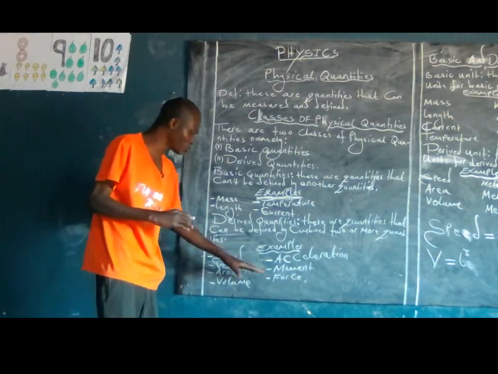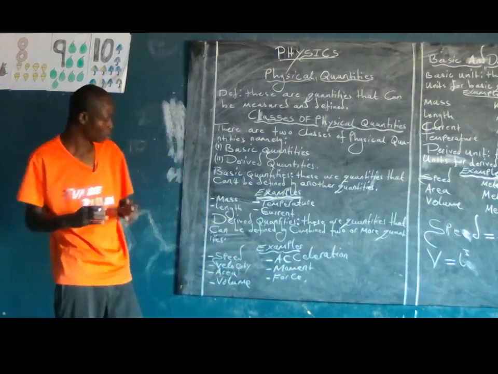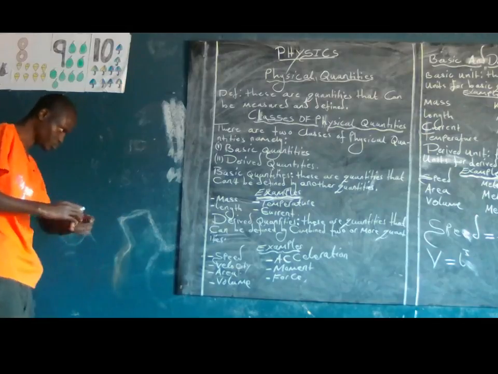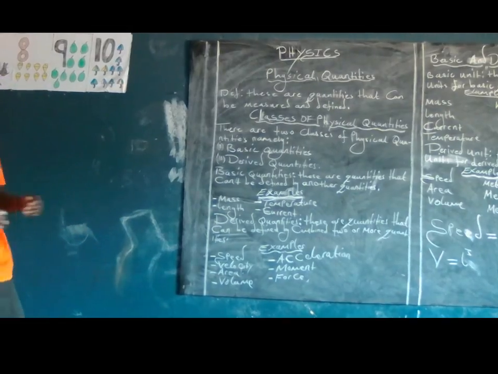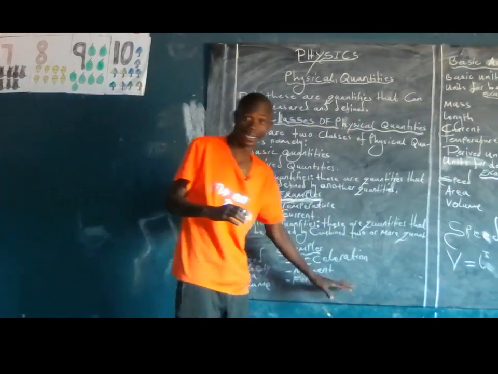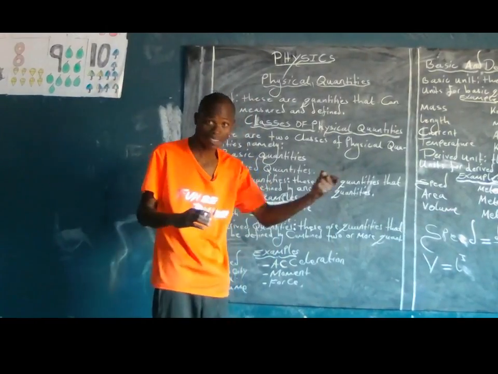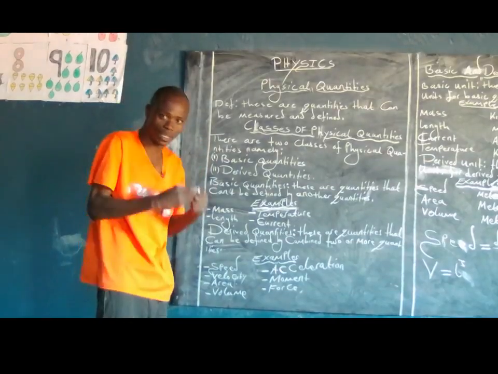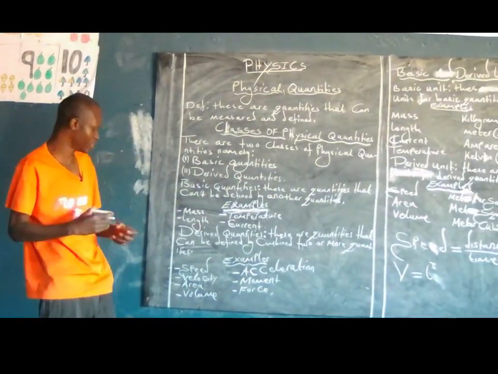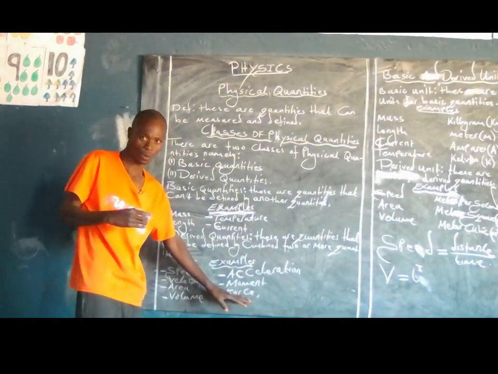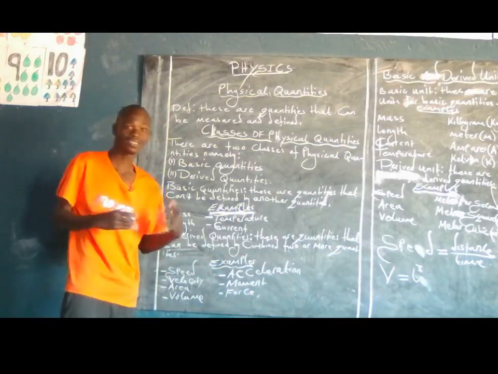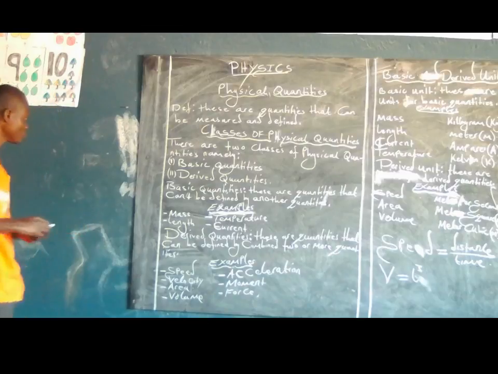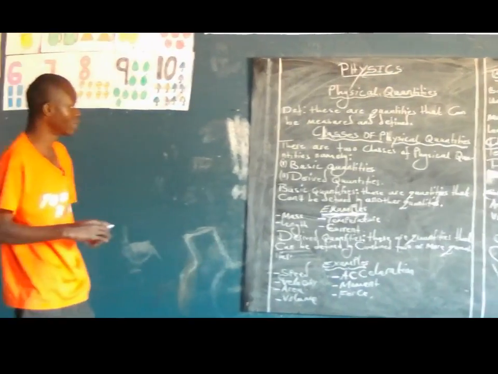Then apart from this, we have also force. Force is defined as the product of mass and acceleration. So we have mass, then we have acceleration. When we combine these two quantities, what we have is a force. So force is another derived quantity. It was the last one there.